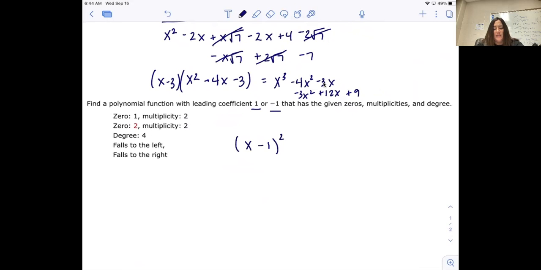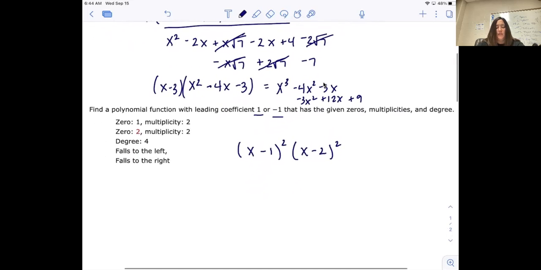The next one says I have a zero of 2 with a multiplicity of 2. That's going to be x minus 2 squared. It says I have a degree of 4. If you were to multiply that out, you would get x squared times x squared, which is going to give you the degree of 4. So we can check those conditions off.